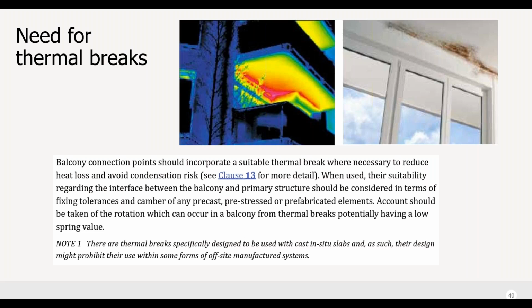So it's important that they're designed correctly, and as I mentioned earlier, that they don't introduce excess movement to the balcony itself.